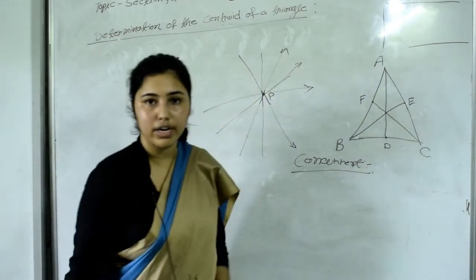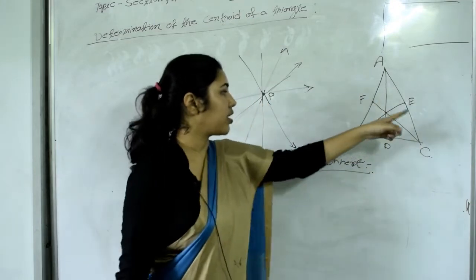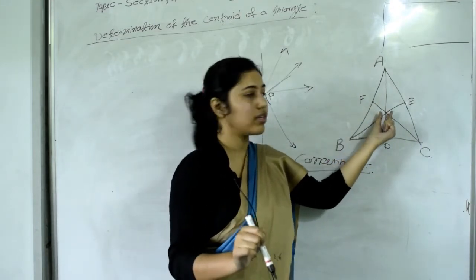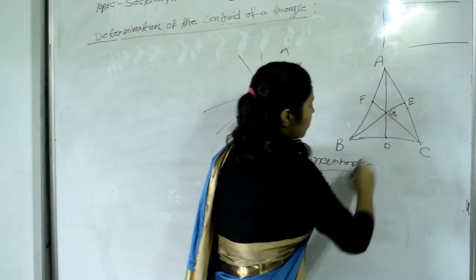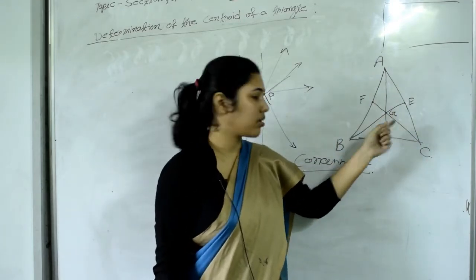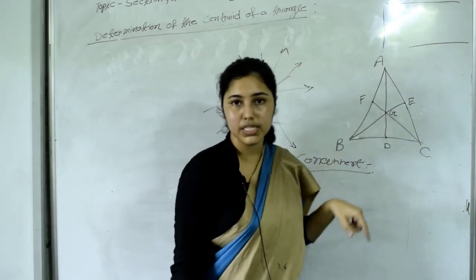So here look at the three medians. These three medians intersect at a single point. Suppose we name this point as G. Okay, then G is called the centroid of this triangle ABC.